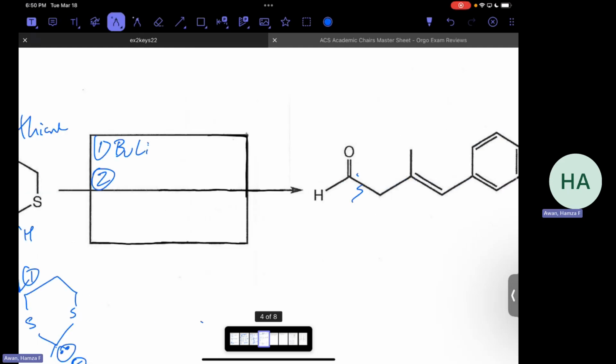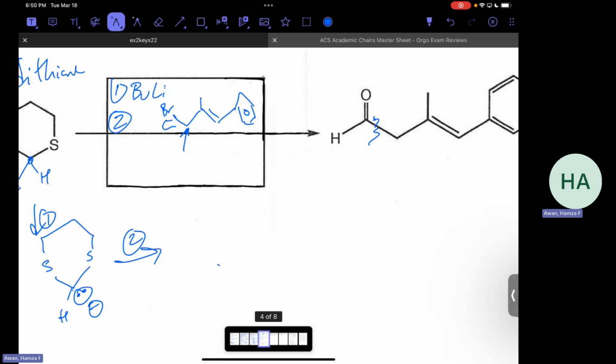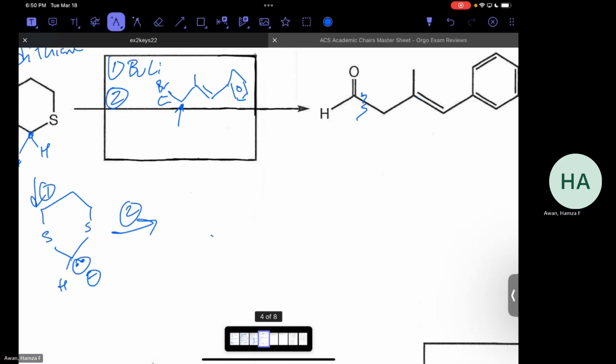Okay. So we'll do that. We'll draw it real quick. So just draw it the same way. Right. And then at the very end where this line should be, it would be a Br. We'll put a Br here instead. So what this is gonna do, this minus charge is gonna attack this carbon right here, right? And that's gonna kick off the Br and is gonna put the dithiane on that area. So this way we'll have something like this.